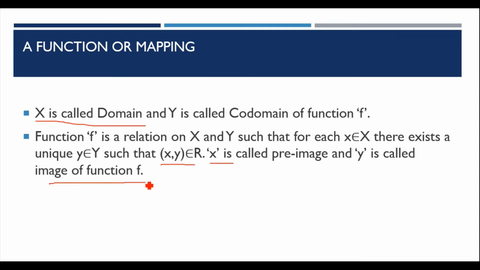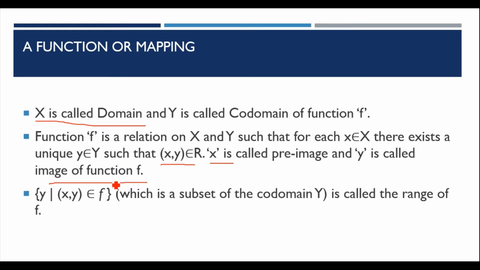The set of all such y is a subset of the codomain Y, and this is called the range of the function. To check for the range of a function, you have to check for the subset of the codomain Y. What are the elements included in the set Y, the codomain?